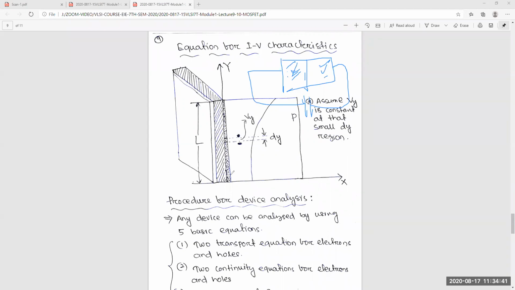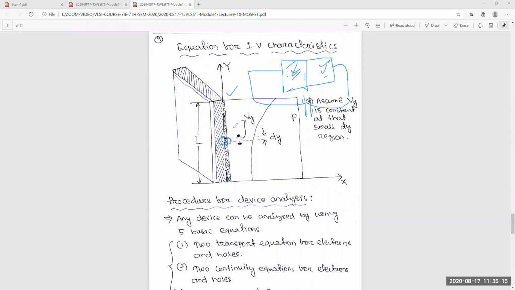So here we are giving a supply, drain to source. That's why we will consider here drift, electron drift. That transport equation we will use. Though diffusion exists, it is very small, because here the concentration of electrons is more and there less, but the difference is very small. So we are taking the gradual channel approximation. We are thinking this part is constant, that means this part and this part are almost uniform.